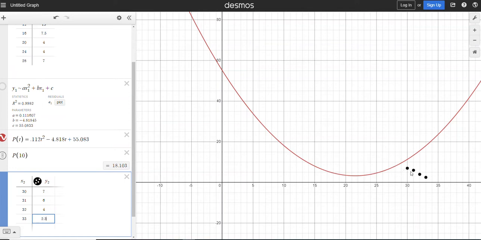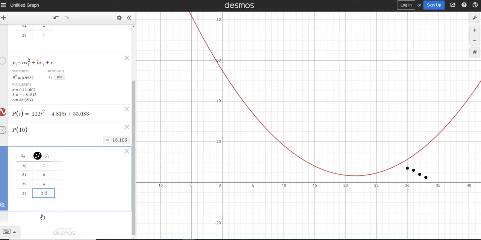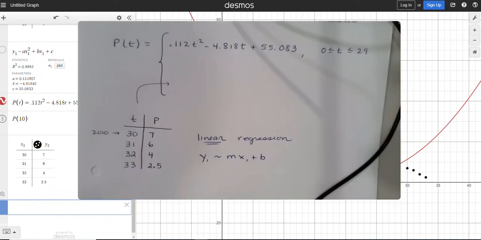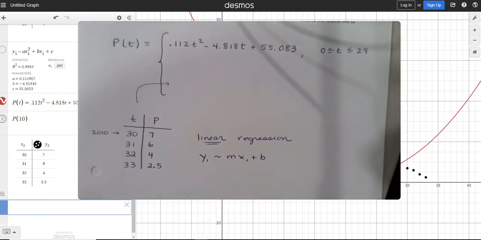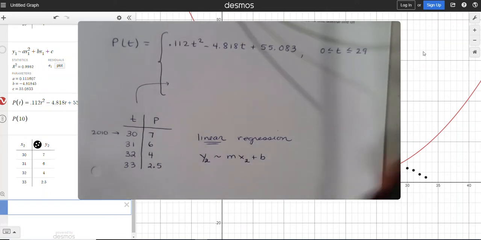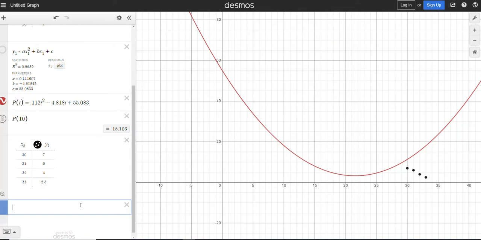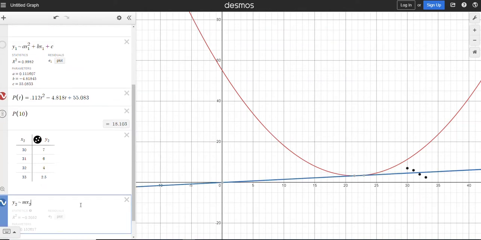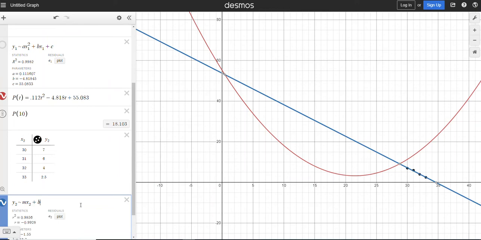Not bad, it looks reasonably linear. And notice this is an x2 and a y2, so actually I should have done that over here. I was using a second table, so my regression will have to be y2 and x2 when I do this. There we go.